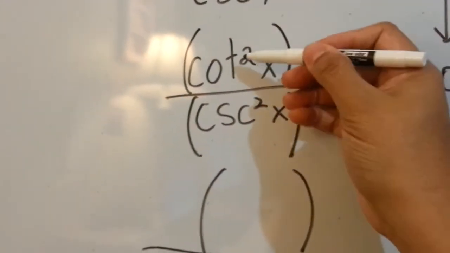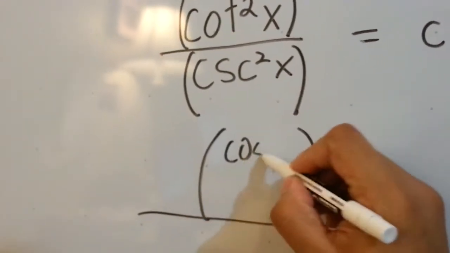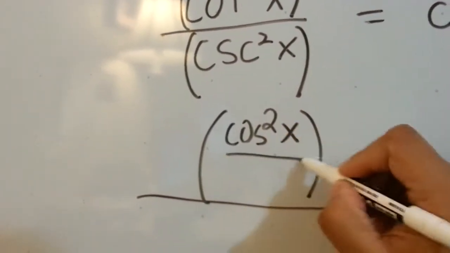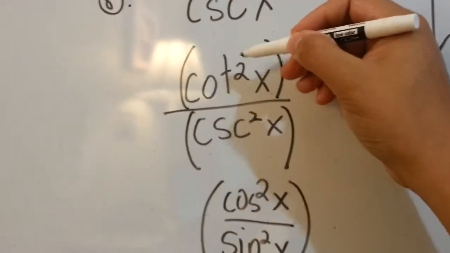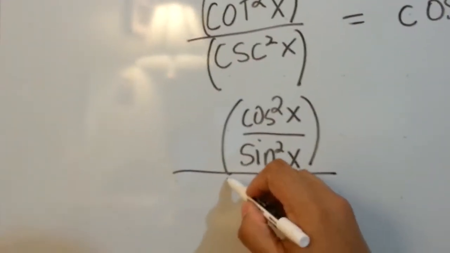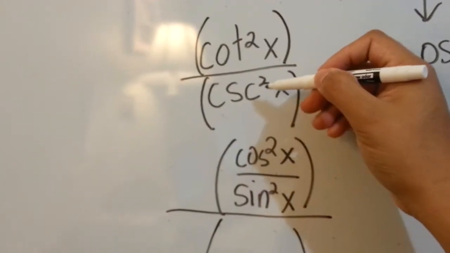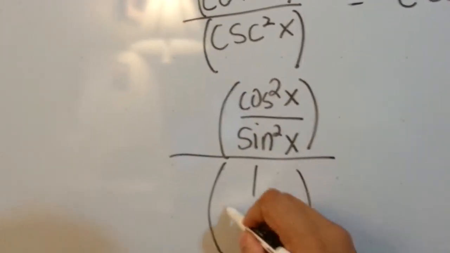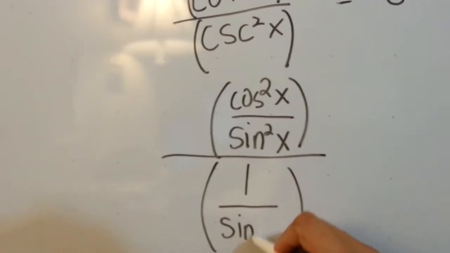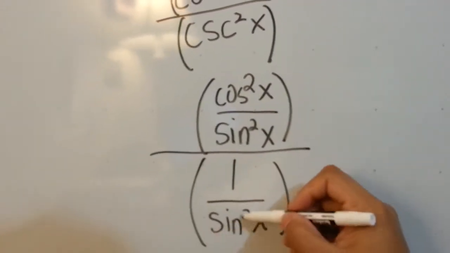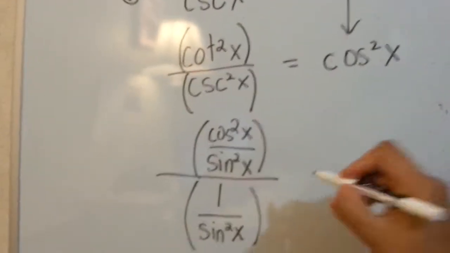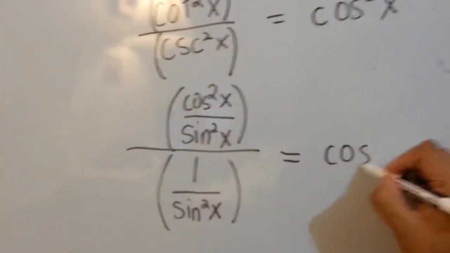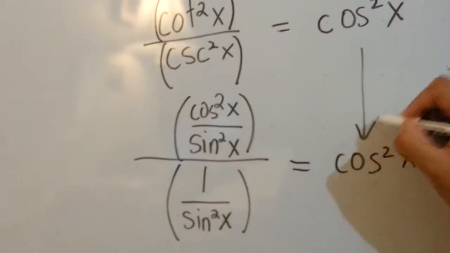The numerator is going to become cosine squared x over sine squared x. They're both squared because it's cotangent squared. And the denominator, the cosecant, is going to become 1 over sine squared x, and this one's squared because the cosecant is squared. And this is still equal to cosine squared x. We're just bringing this down.